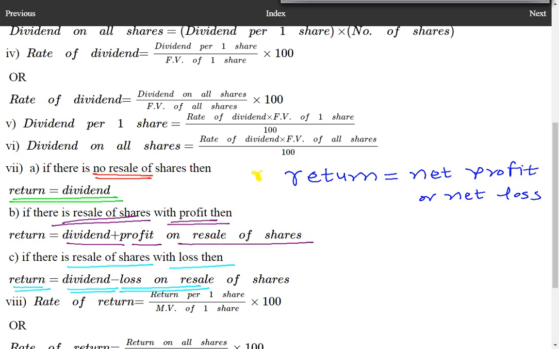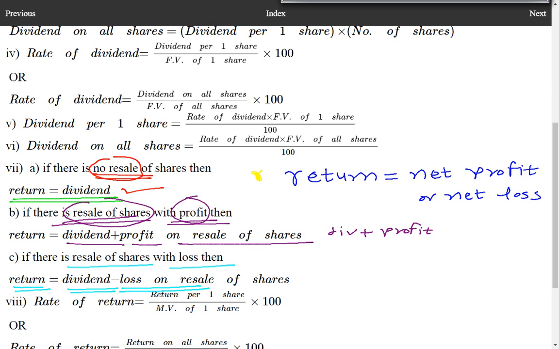So we have three possibilities. First possibility, no resale, then return is equal to dividend. Second possibility, there is resale of shares with profit, then return is equal to dividend plus profit.